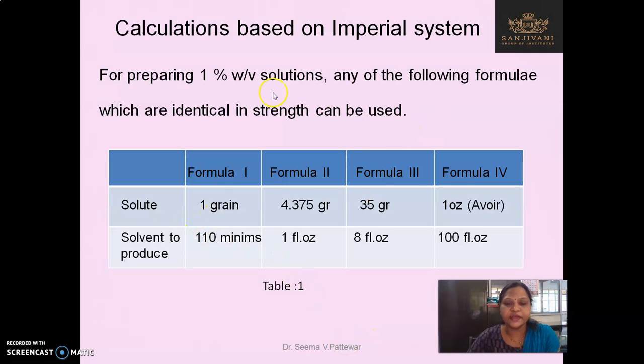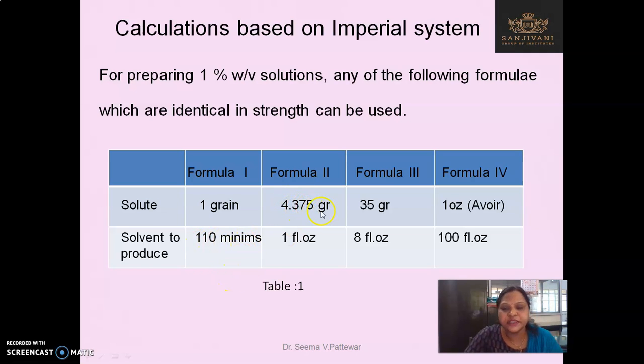So these are very important formulas. You have to remember these formulas because sometimes sums can be asked using these formulas. For preparing 1% weight by volume solution, any of the following formulas, identical in strength, can be used. So 1 grain in 110 minims gives 1% of solution.